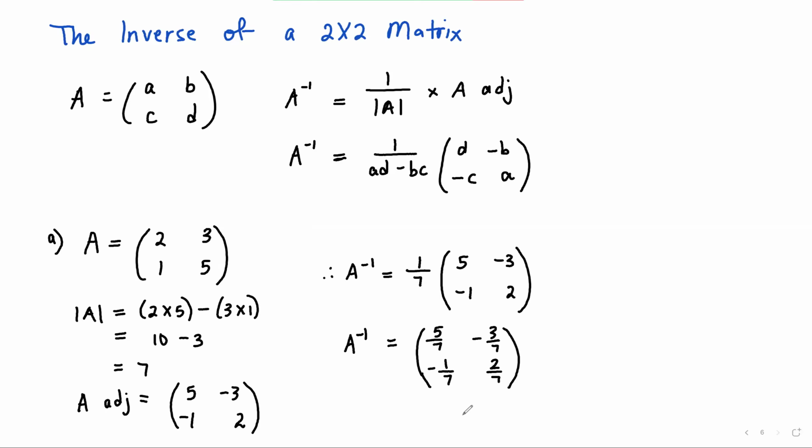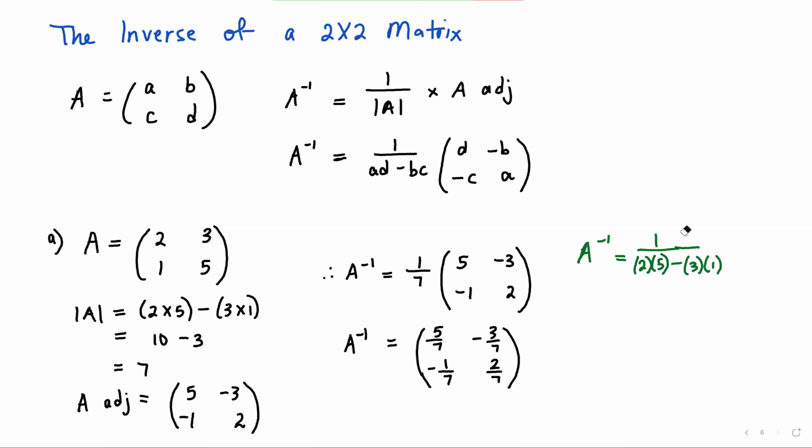Or alternatively, you can just put it directly into the second representation here. So I could have said, well, if A is 2, 3, 1, 5, then A inverse will be 1 over A times D.